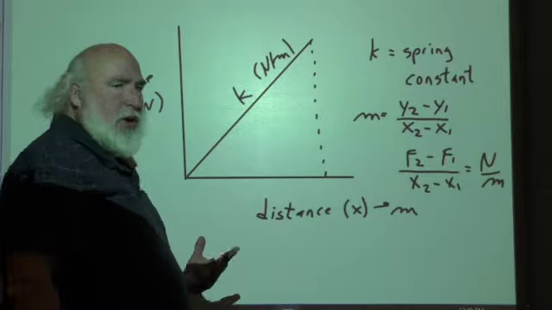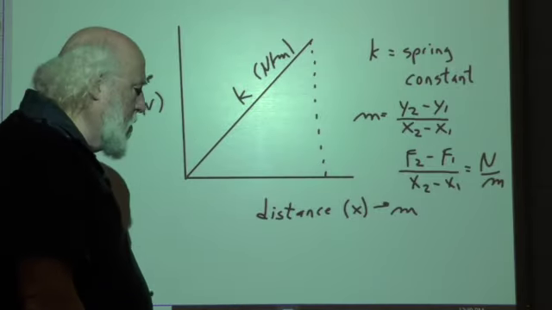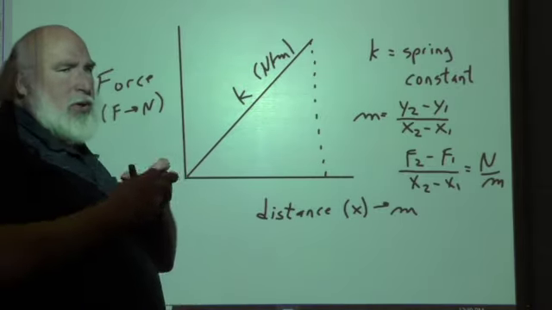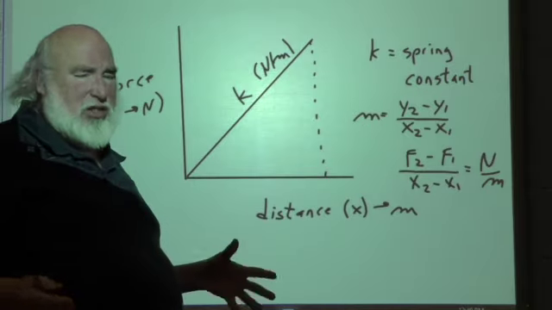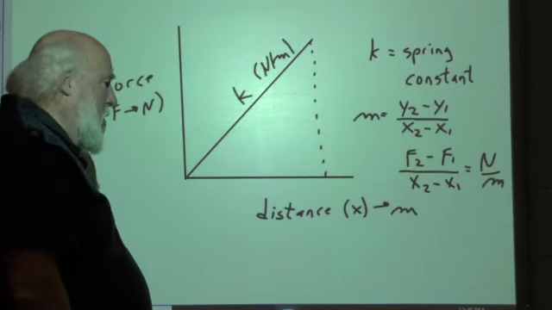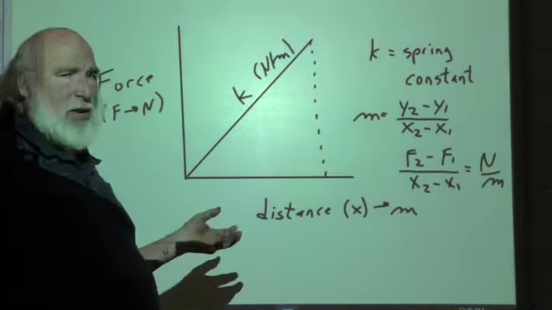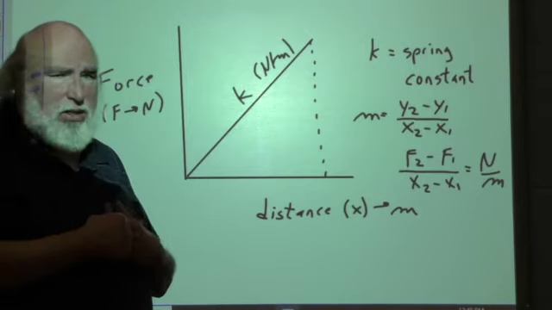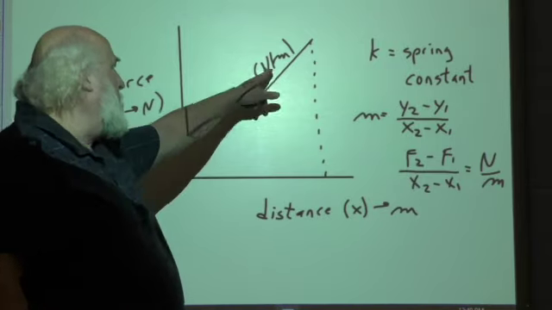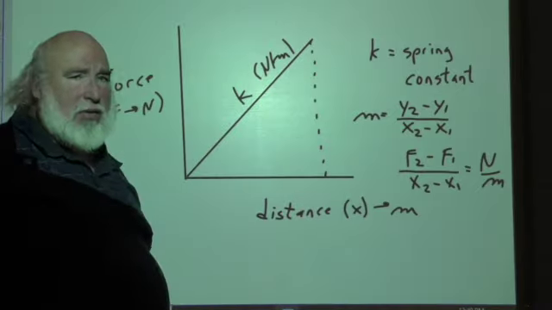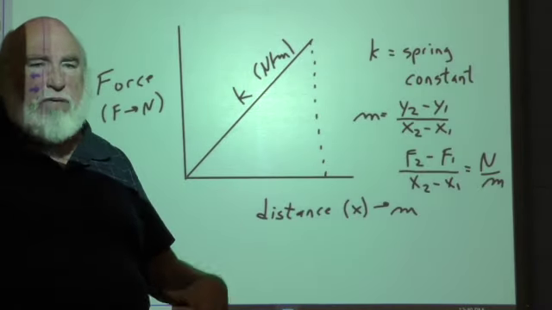So anytime we work with springs, even though they're generally small, unless you're dealing with a slinky, it's going to be measured in centimeters or even millimeters, depending on how tight the spring is. You're going to have to change to meters so that you get the k value that you can compare with other k values.